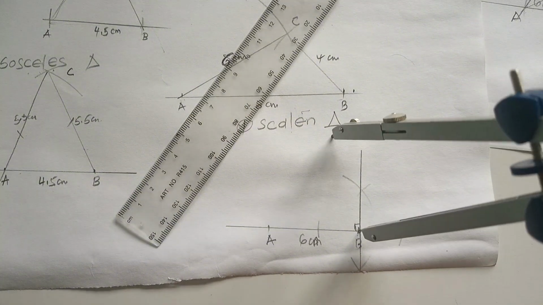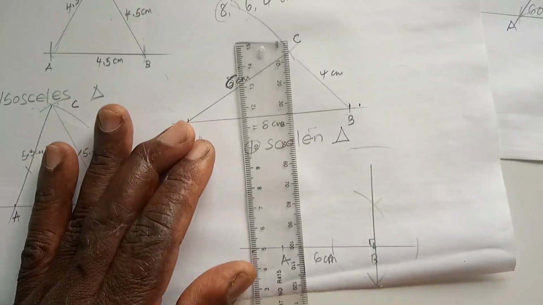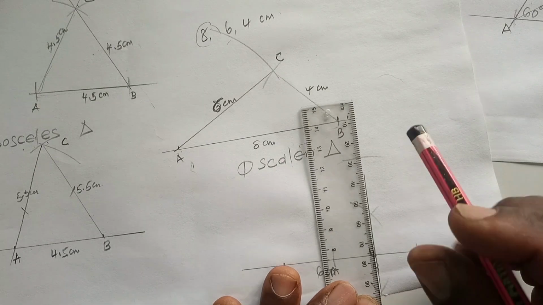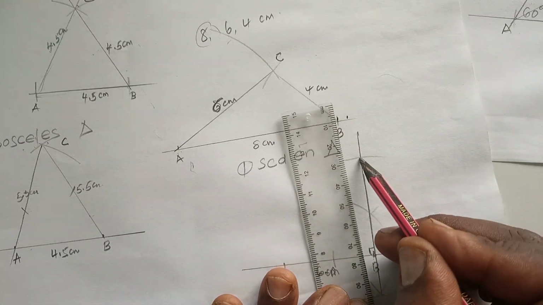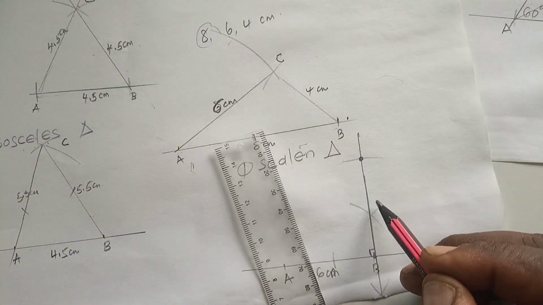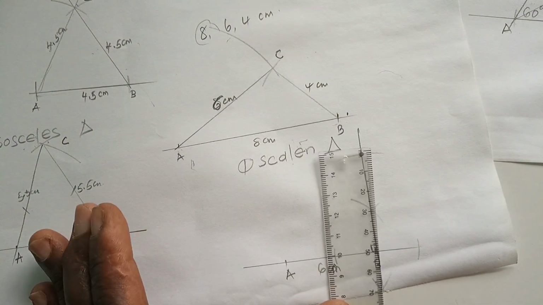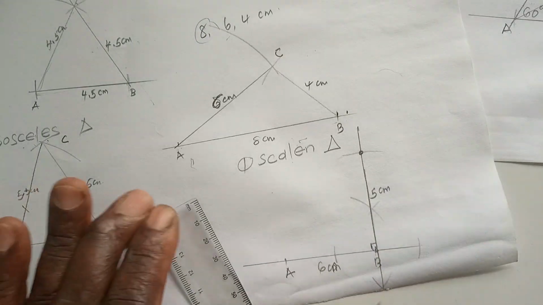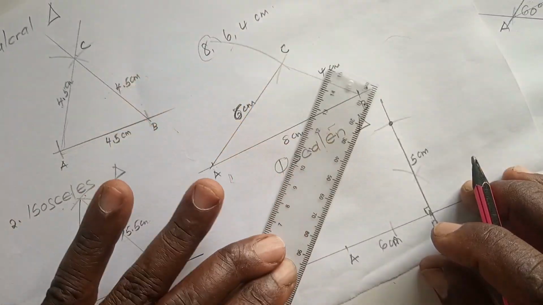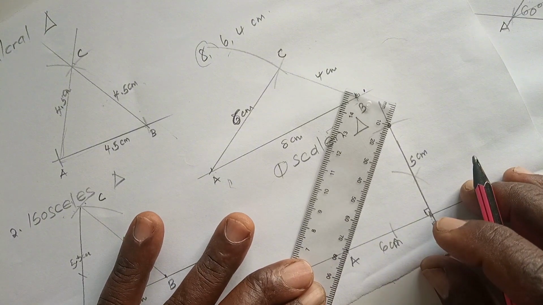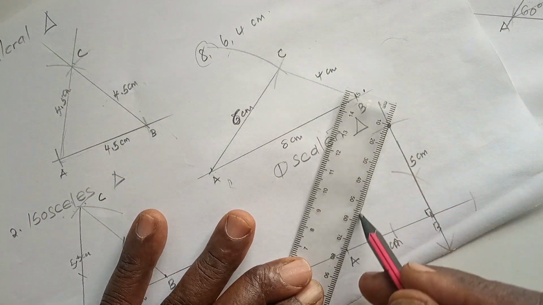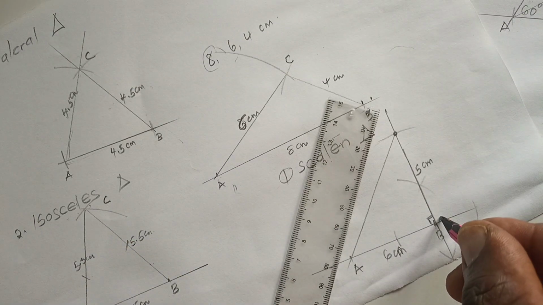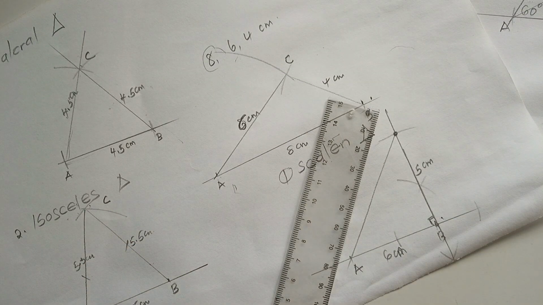You make an arc there, and then you lengthen this distance so that it meets at our point there. From there to there is 5 centimeters, and then now you can join the 2 points so that you have a right angle at these points.